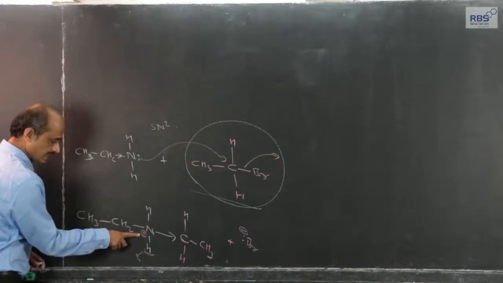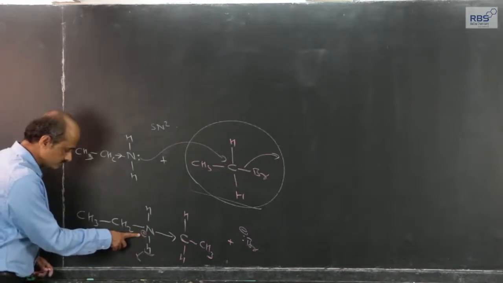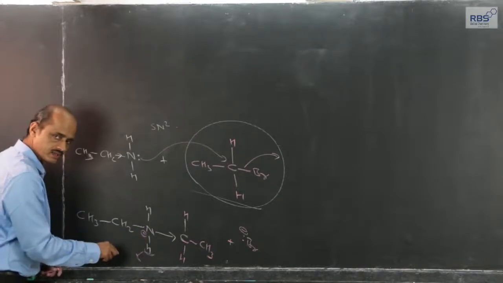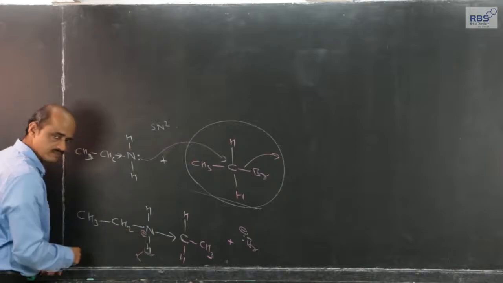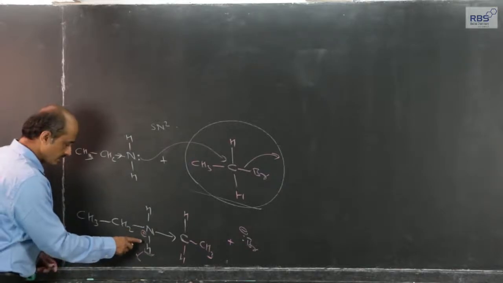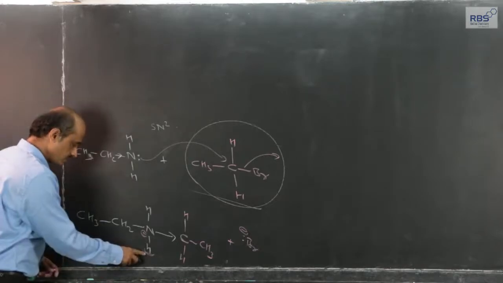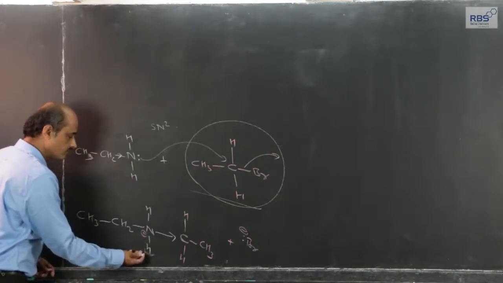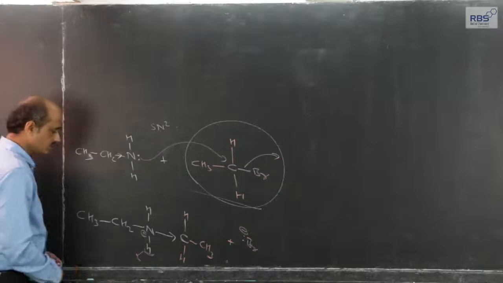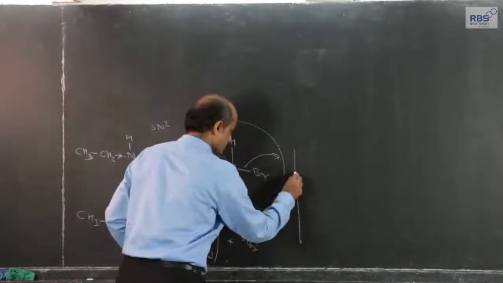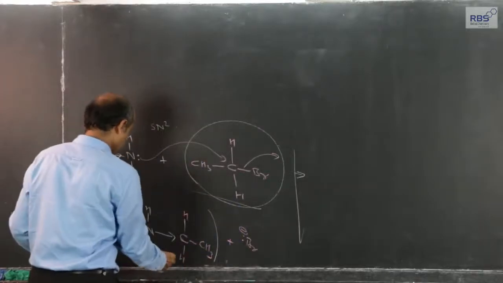Now, the nitrogen has developed a positive charge, because the lone pair becomes a shared pair, and therefore this nitrogen becomes electron deficient and has a tendency to pull the shared pair towards itself. So, in turn, this hydrogen will have a tendency to go out in the form of H plus ions, and this hydrogen gets removed in the form of H plus ions.